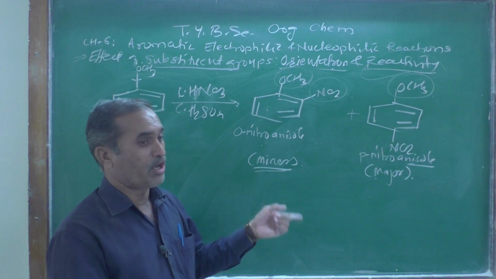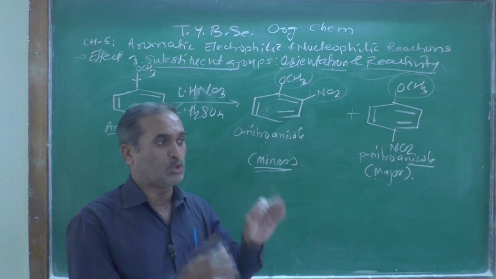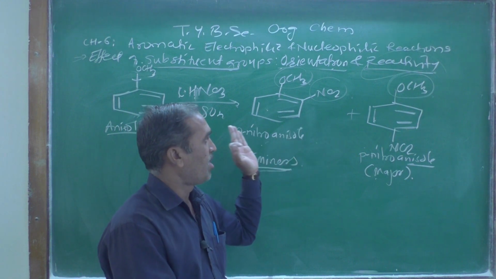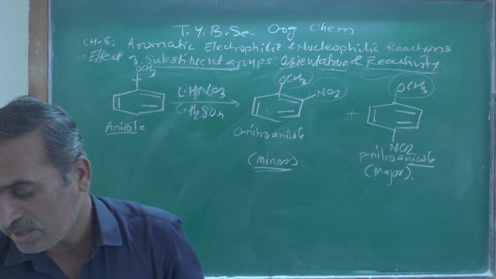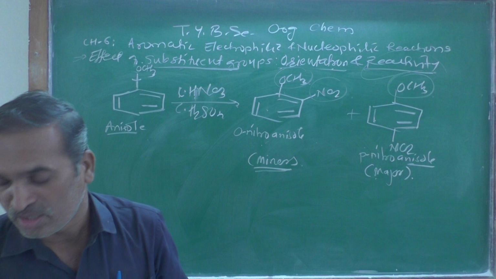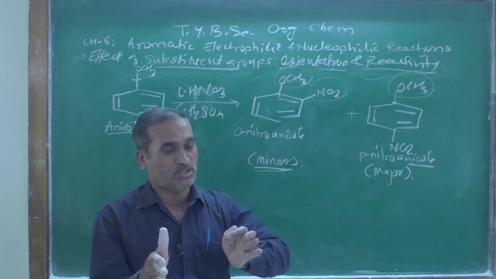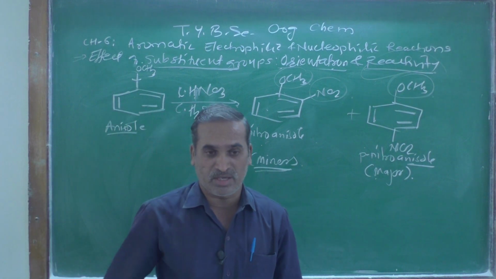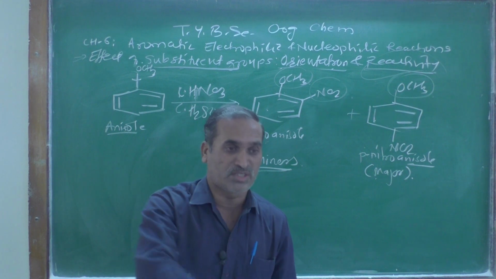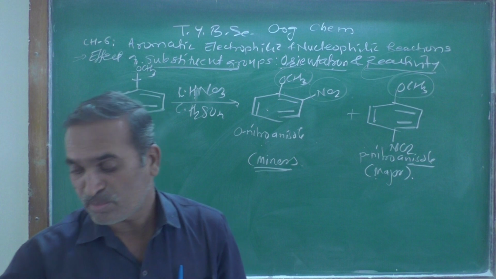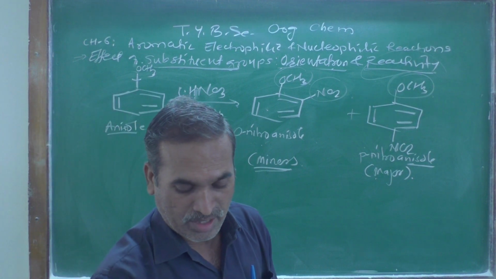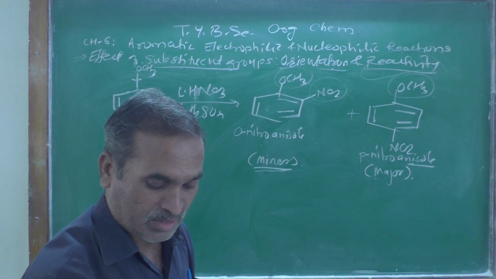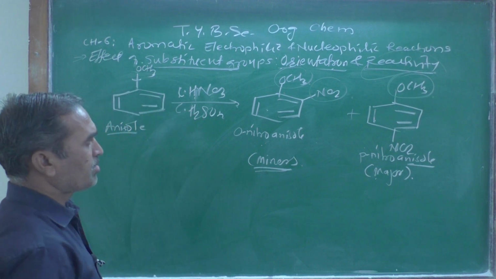If you know the resonating structures, then you can justify why we are getting the ortho and para products. Those who know the concept of resonance and how to draw resonating structures, which you learn from 11th standard, 12th standard, S.Y.B.Sc, T.Y.B.Sc, can predict the product very perfectly, because the answer is involved in the resonance structure.